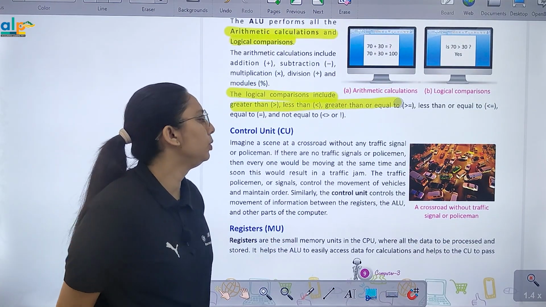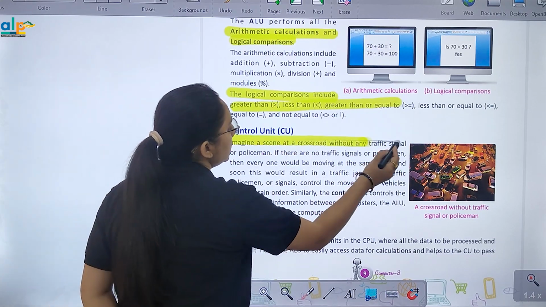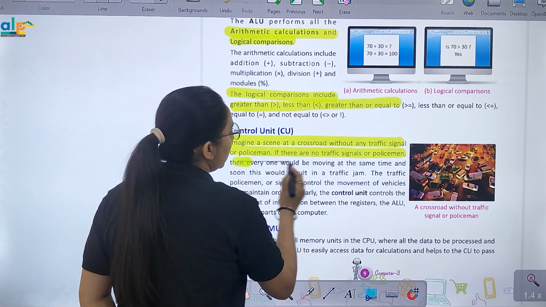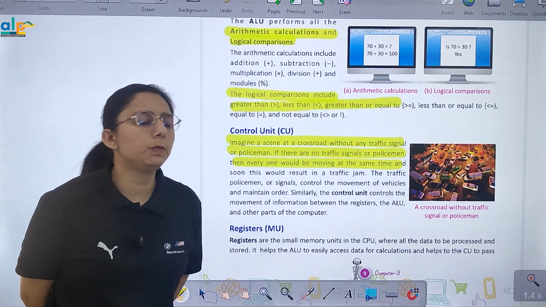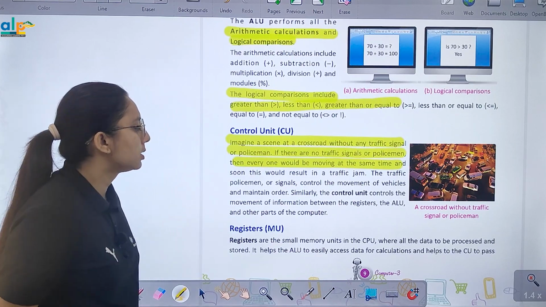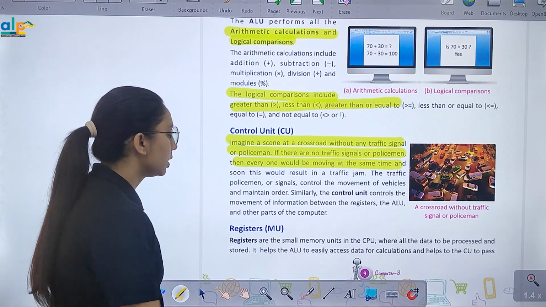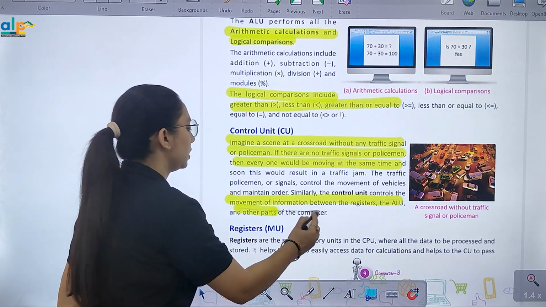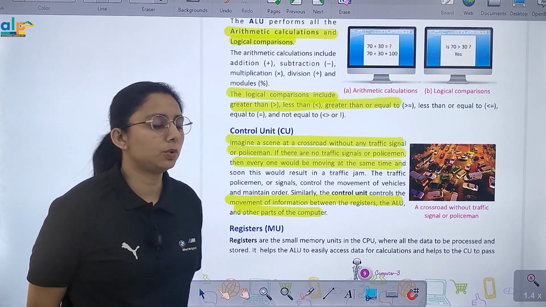Then we have control unit. Imagine a scene at a crossroad without any traffic signal or policeman. If there is no traffic signal or policeman, then everyone would be moving at the same time. Okay? And there is very heavy congestion of traffic. So for that we have the control unit, whose work is to control the movement of information between registers, ALU and other parts of the computer.